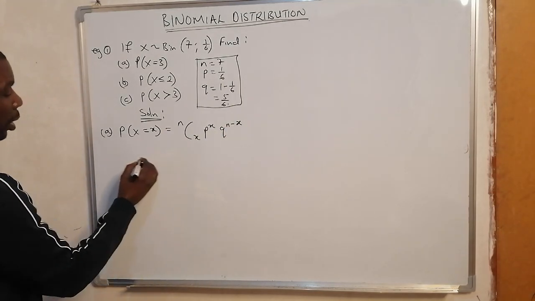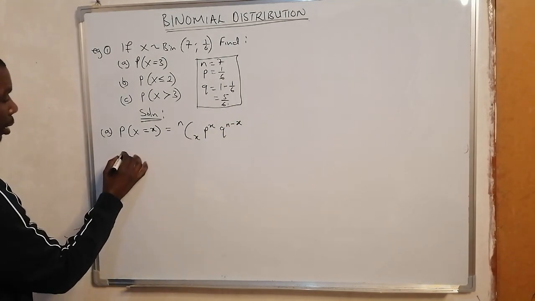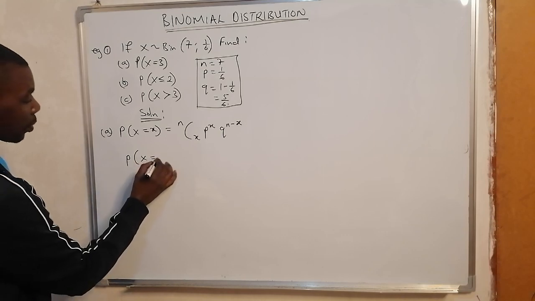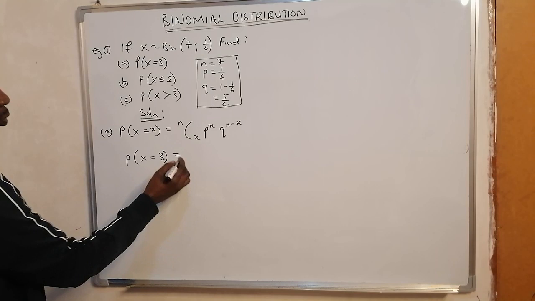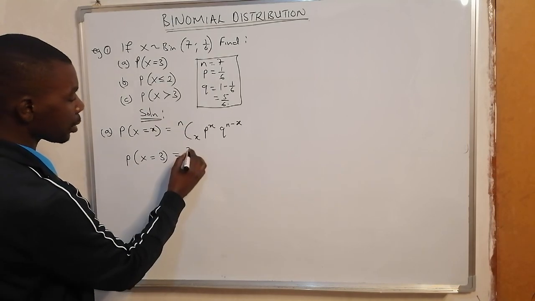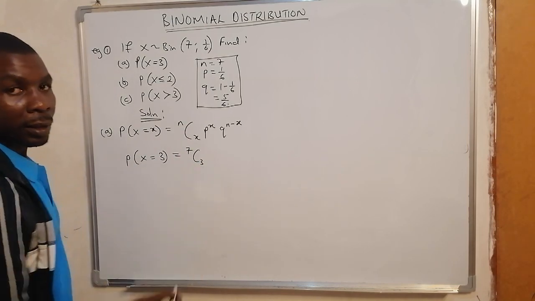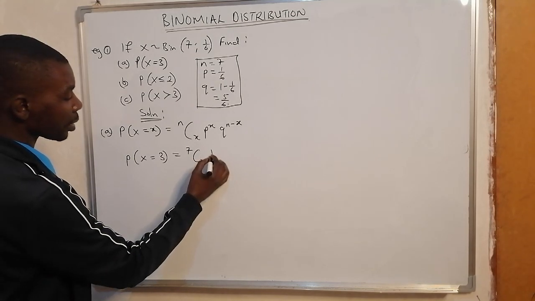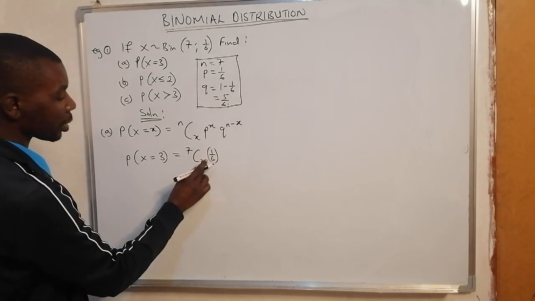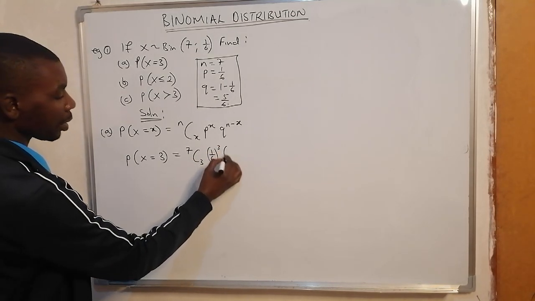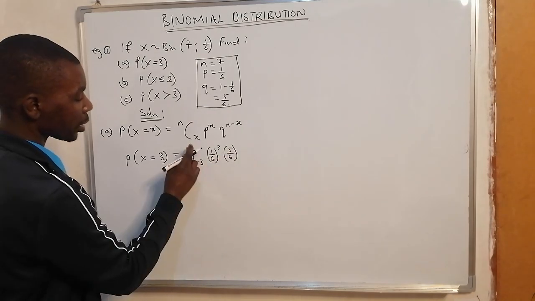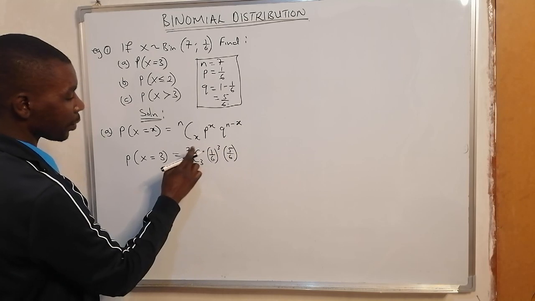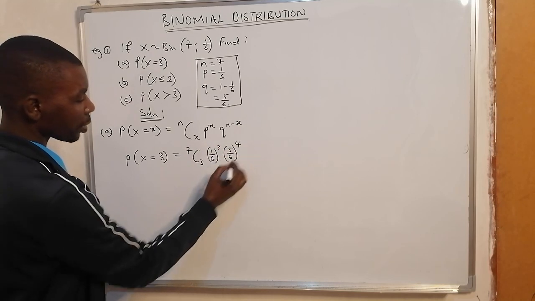So by this formula, we simply substitute 3 for x, which means we have N, our N is 7, choose 3, right? Probability of success, we have 1 over 6, our x becomes 3, then Q, we have 5 over 6 to the power N minus x, that's 7 minus 3, which will give us 4.